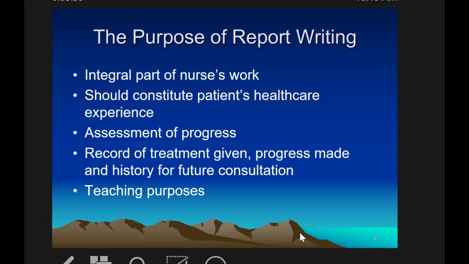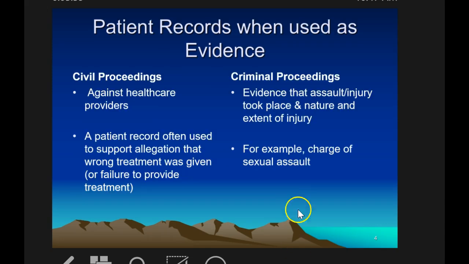So if it's a criminal proceeding or civil proceeding, they'll need to be used in evidence, and there's a whole process. And that's what I'm going to talk about now. Patients' records can be used in civil and criminal proceedings and in coronial hearings. So let's just look at some of the reasons why that might occur. So patient records, when used as evidence.